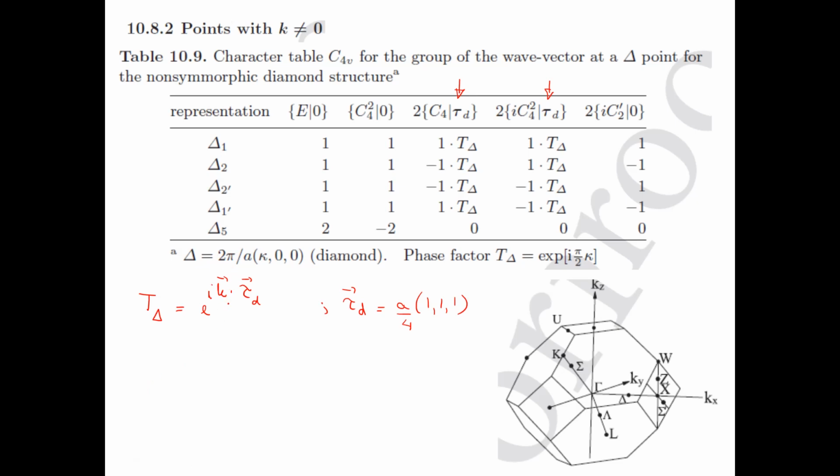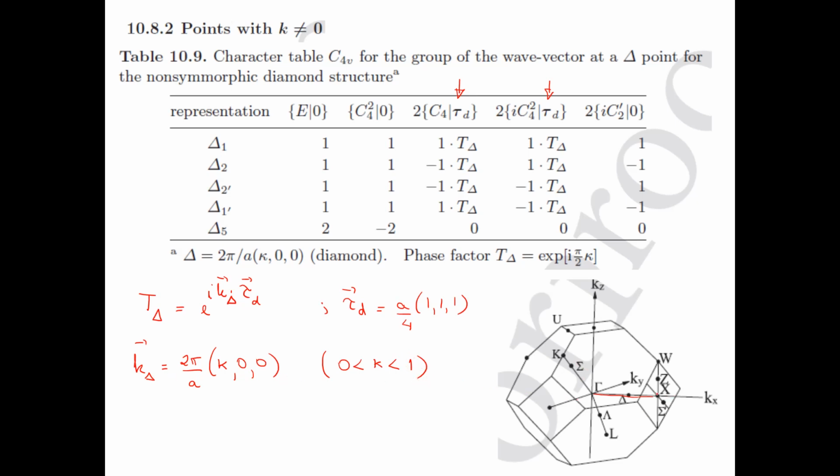And k is a wave vector along the delta direction. Let me call it k delta. And k delta is along the kx direction. So it's 2 pi over a times (kappa, 0, 0). And kappa is a real number that goes from 0 to 1 when my wave vector goes from 0 to 2 pi over a.